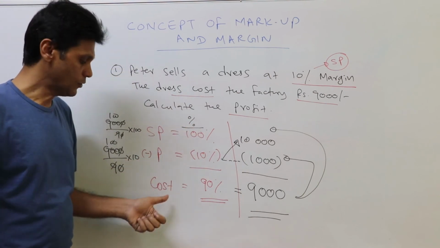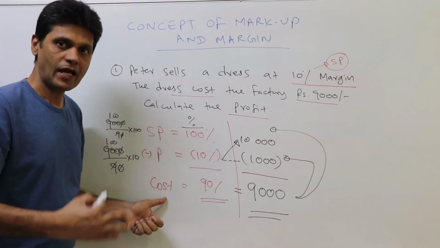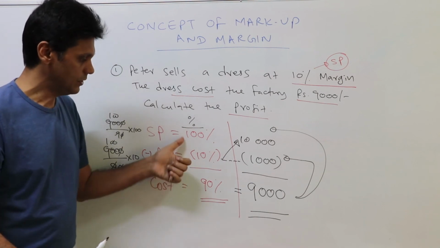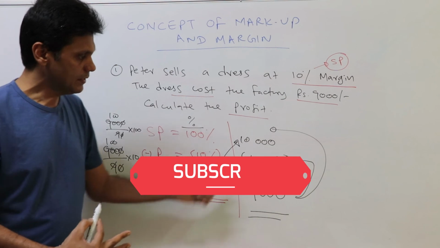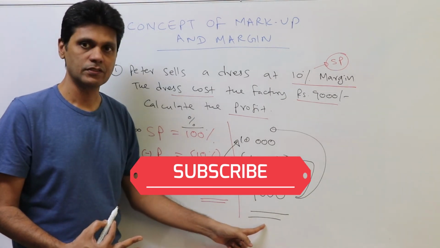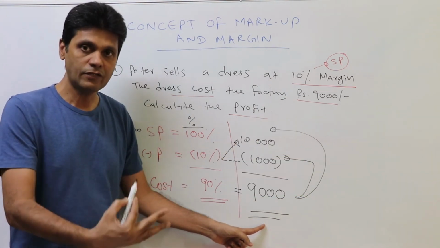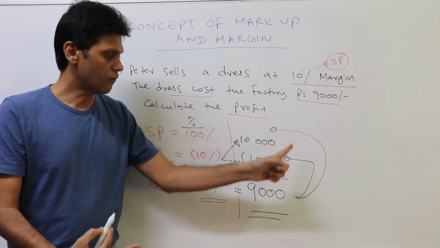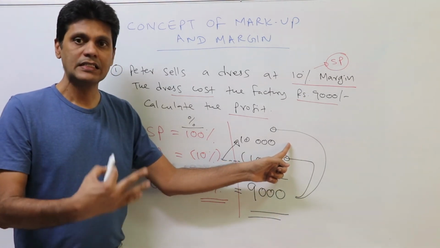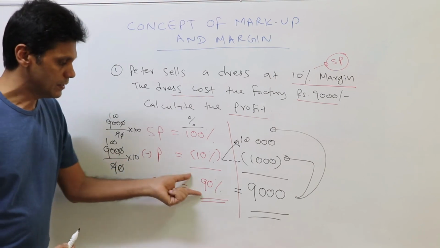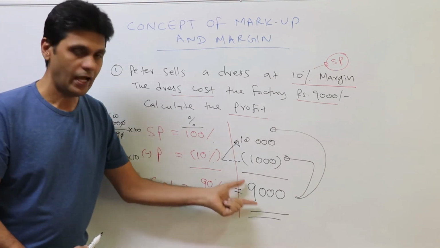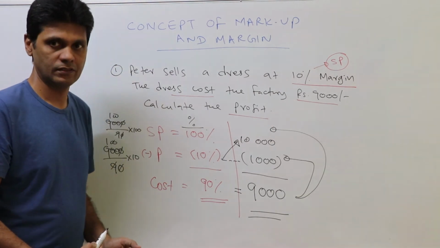Then the cost as a percentage is 90%. Now take the actual cost and identify the actual profit and the actual selling price by substituting these percentages with the actual results. Is that clear?